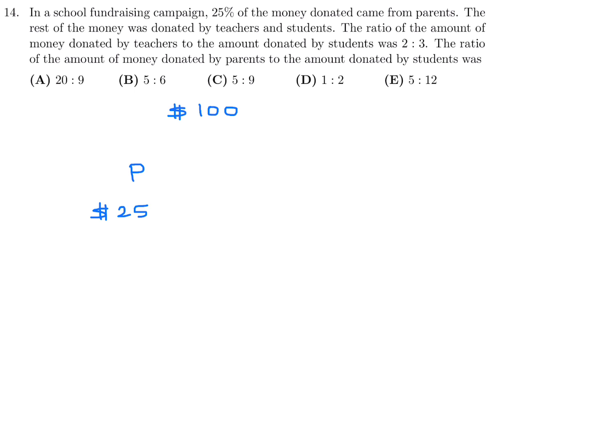And then you have teachers and students. They're saying that the ratio for teachers to students in terms of the money they raised was 2 to 3. So this will be 2x and this will be 3x. Well, the $100 is divided among 3 parties. $25 went here, so that means here is $75.